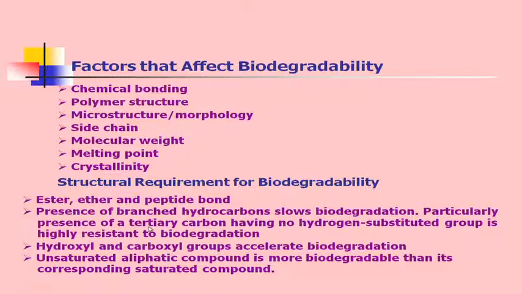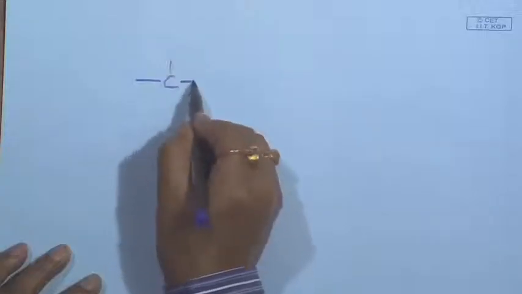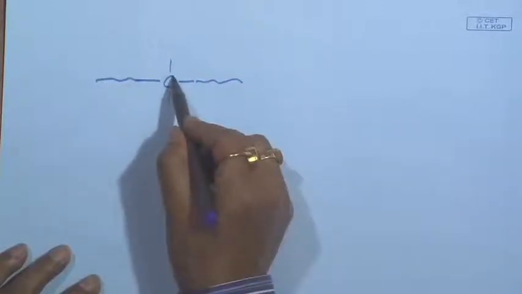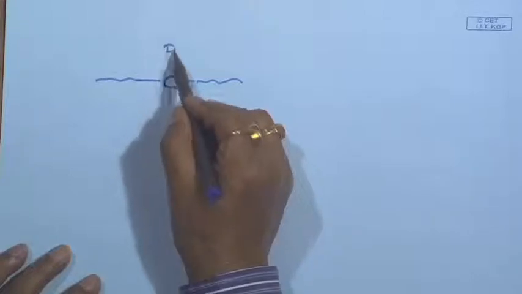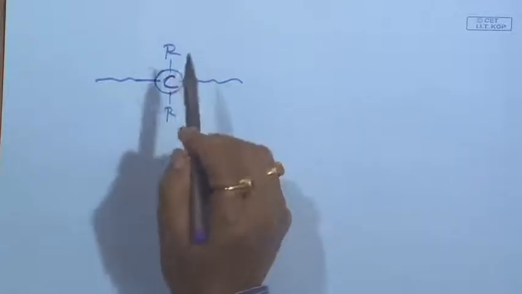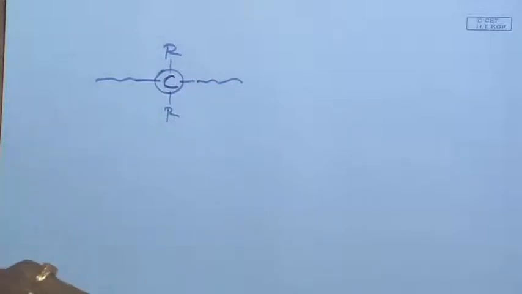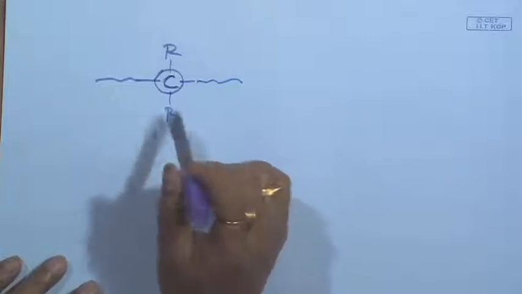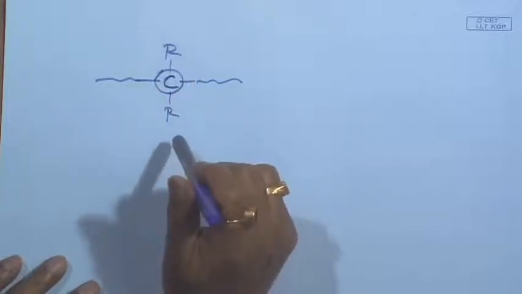A tertiary carbon atom means this carbon in the polymer chain, this is the carbon atom. Now, this can be attached to groups like this. So, this carbon is called tertiary carbon. If the polymer contains a tertiary carbon having no hydrogen, substituted by groups, it is highly resistant to biodegradation.